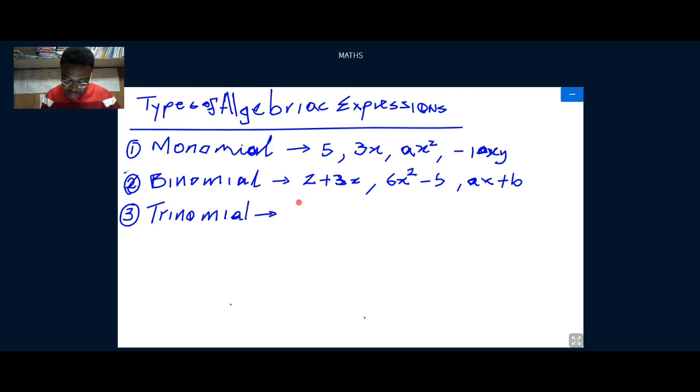The famous one, x squared plus x plus 1.